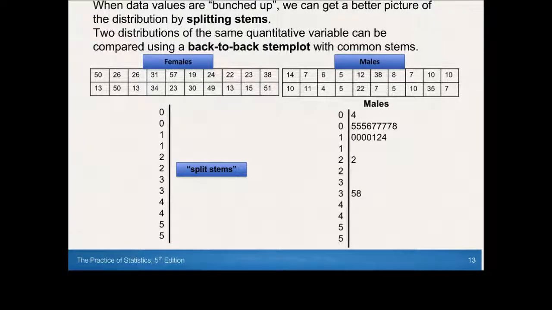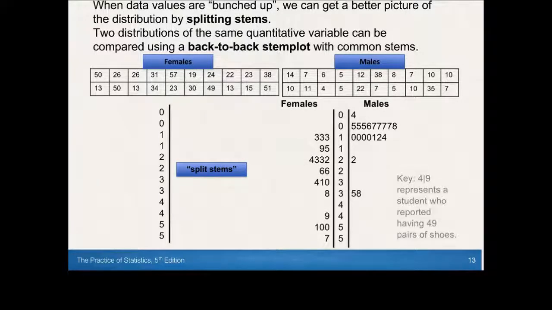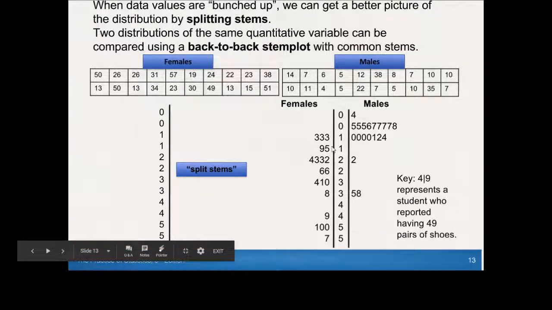So we look at the males on the right and the females on the left. So then we have this back to back. It's sort of like a bar graph where this is the bottom and these are going up, and then for the females this would be the bottom and then going up, which is kind of easy to tell.